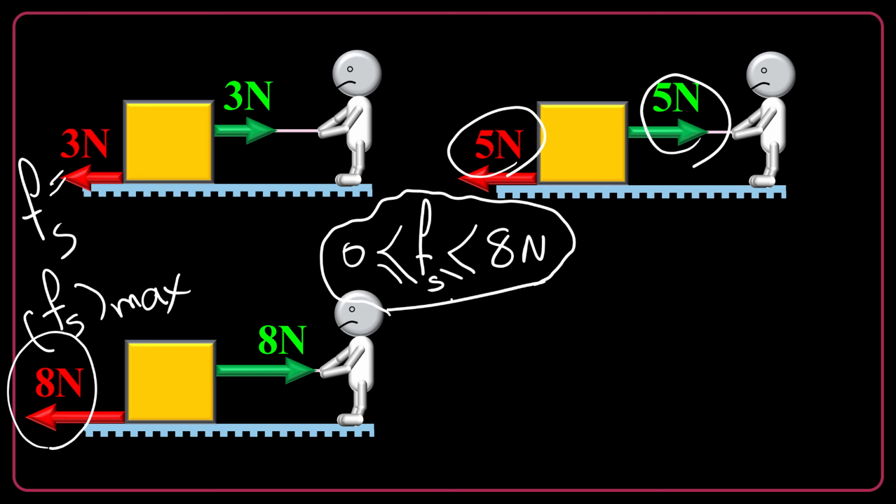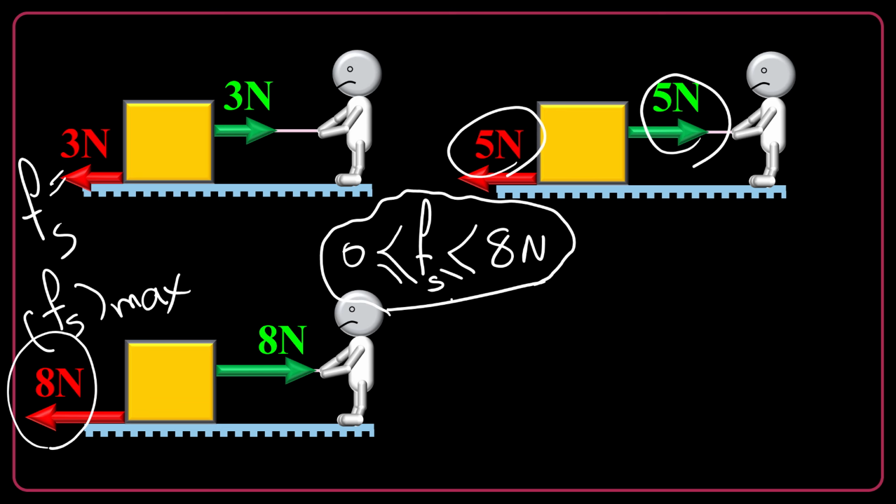Okay, what happens if I pull the object with a force of maybe 9 newtons? I believe that I will break this guard, and the object will move. And when the object moves, normally it accelerates. And Fs is not going to be an opposition here, because static friction means the object is at rest. What should I call that?